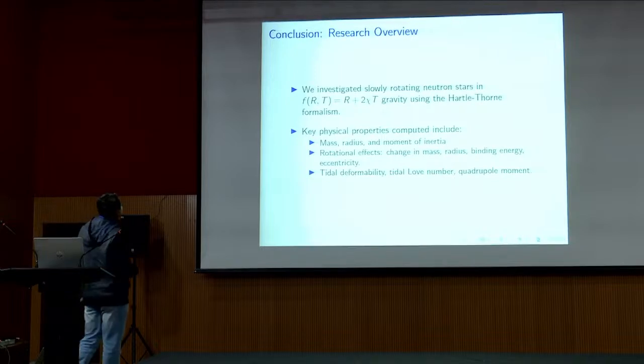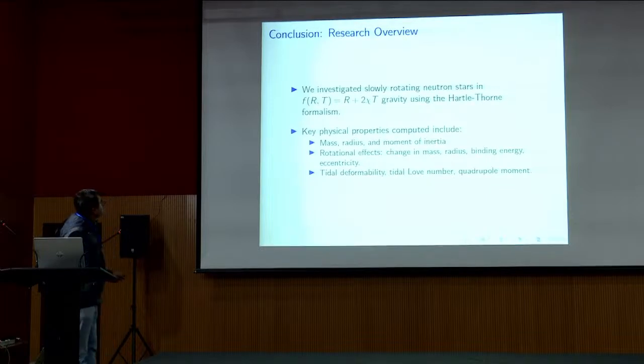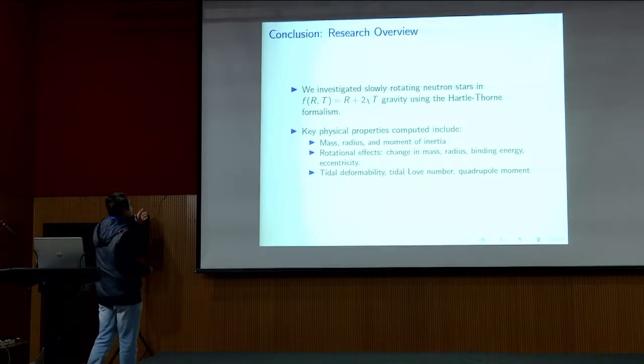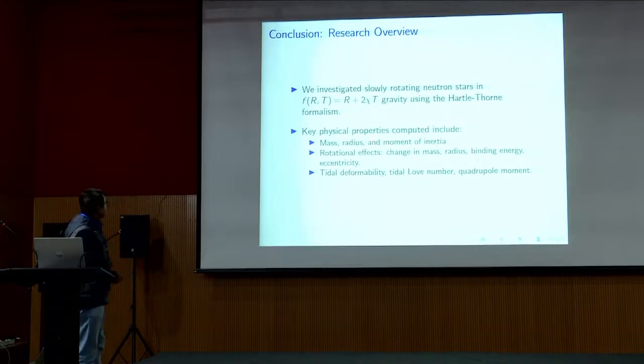So, in conclusion, what we have done here is that in F(R,T) gravity, using the Hartle-Thorne formalism, we have calculated the mass, radius and moment of inertia, as well as the rotational effect, the change in the mass, radius and binding energy, eccentricity, as well as the tidal deformability, the tidal Love number and quadrupole moment.